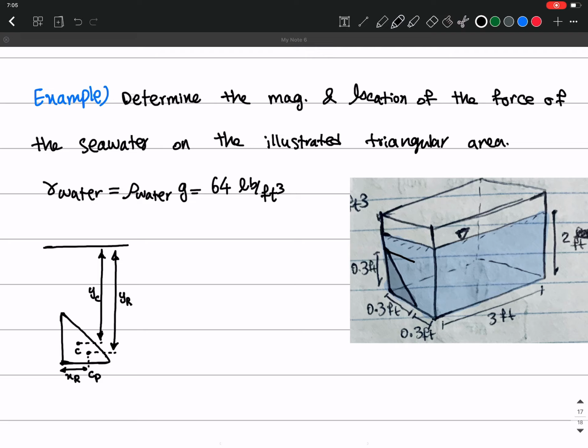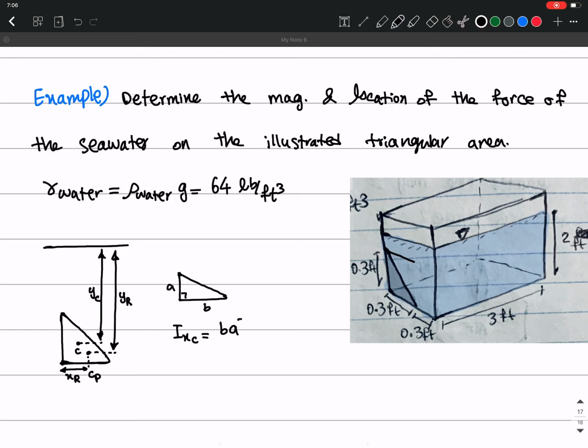So for a triangle, if we have a triangle like this with 2 different sides of a and b, let me try it again. These are the second area moments for a triangle. These are given from a table.